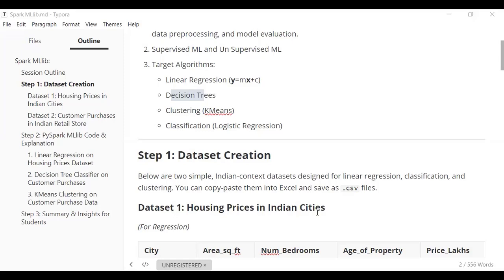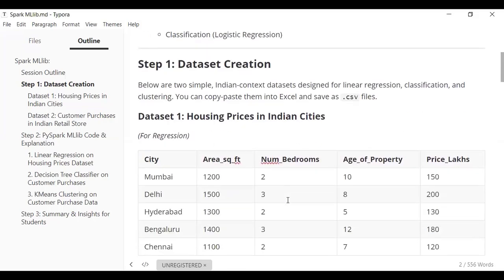I have taken some Indian, contextual data, for illustration purposes only, with various algorithms. Like I explained, these are the fundamental ML algorithms: linear and logistic regression, decision trees, and clustering. Here I have provided some data sets. You can see the data sets here.